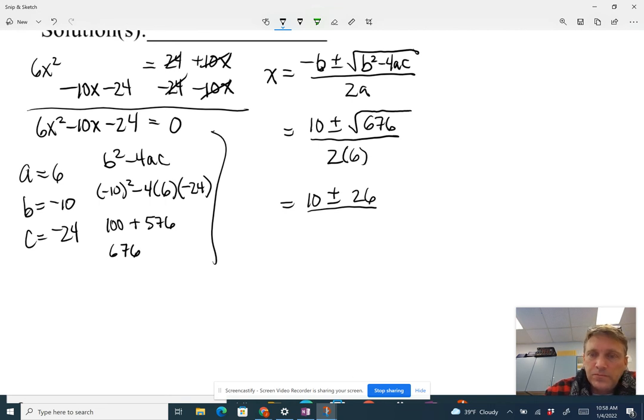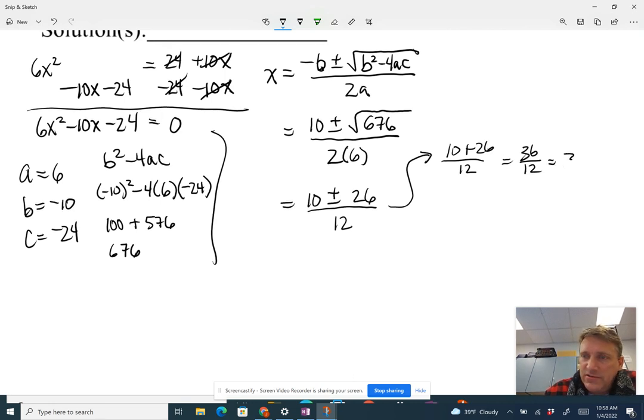Now, I can break this down into two parts here. 10 plus 26 over 12, which is 36 over 12, which is 3. And that's one of my solutions.